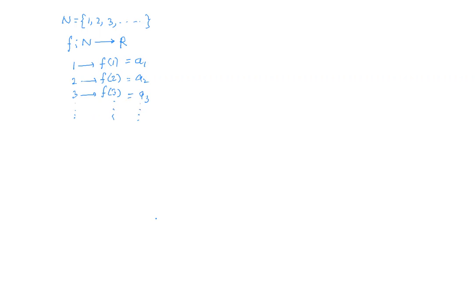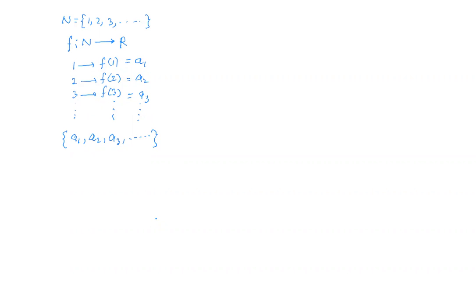And the sequence is written as A1, comma, A2, comma, A3, comma, dot, dot, dot. So this is the definition of a sequence. It maps the natural number to a real number. Okay.